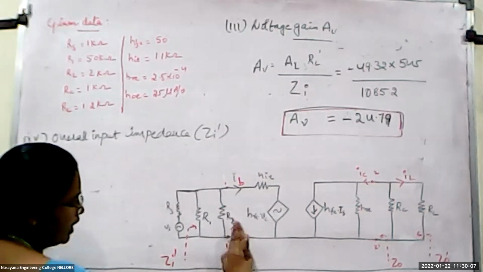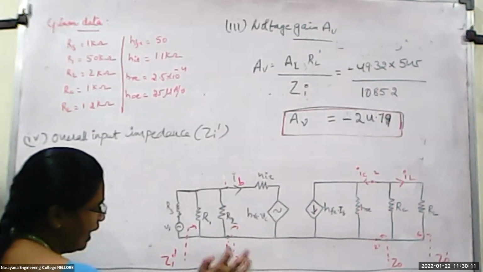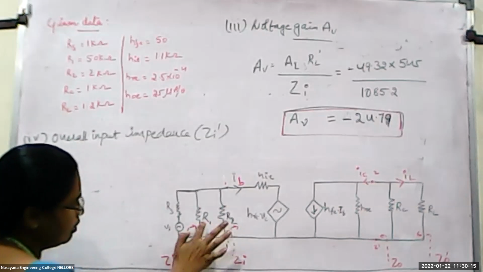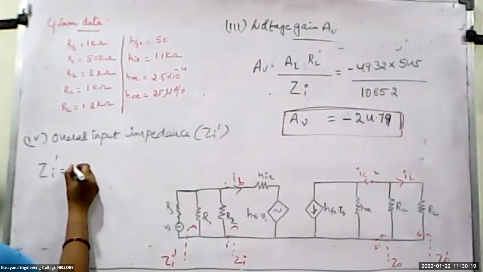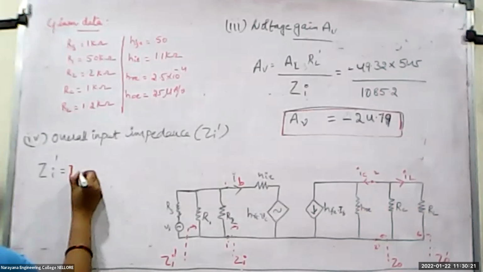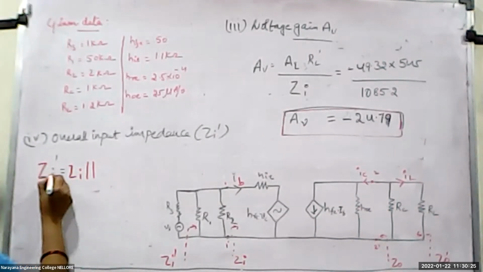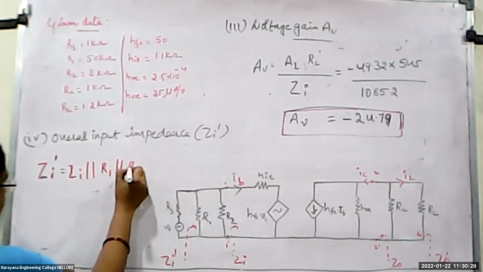At this port 1, we are getting input impedance Zi. This Zi is parallel to the resistance R2 and this is parallel to resistance R1. So you can write Zi dash as Zi parallel with R1, parallel with R2.